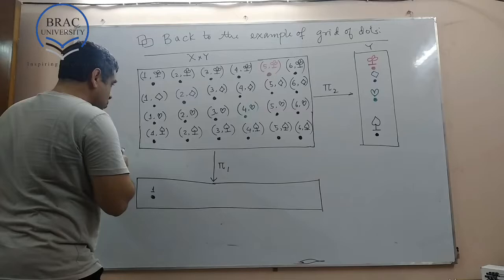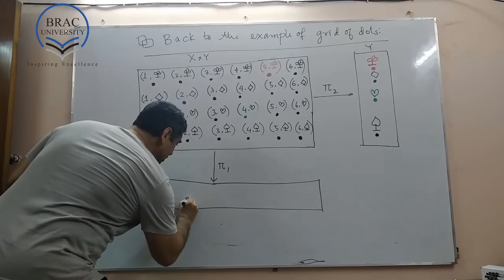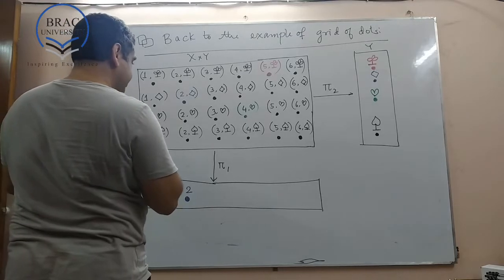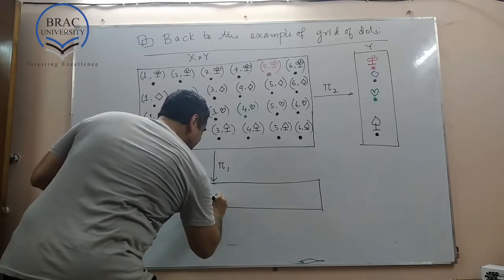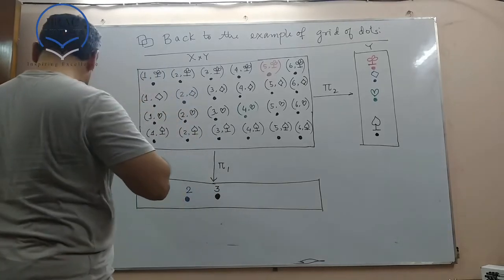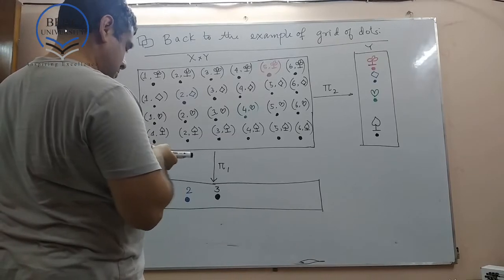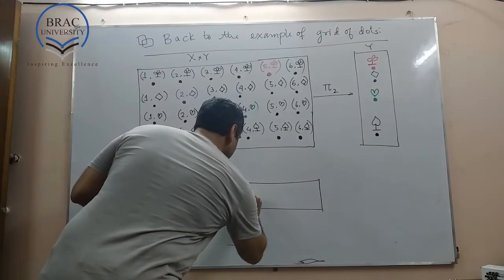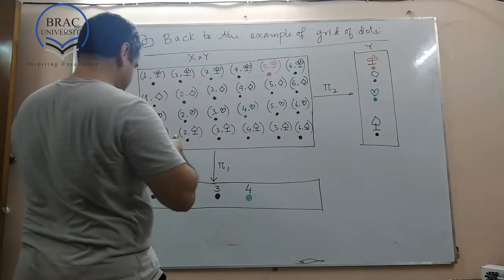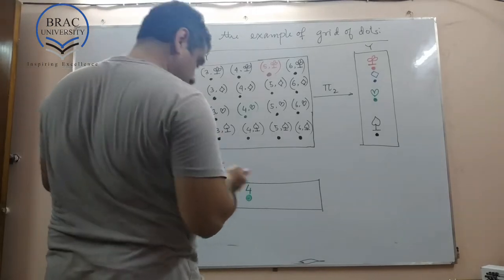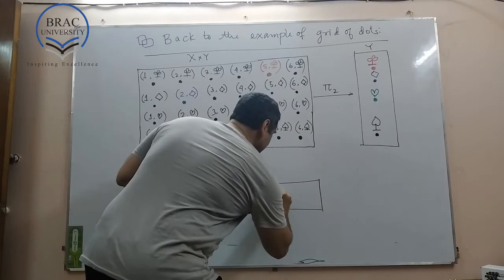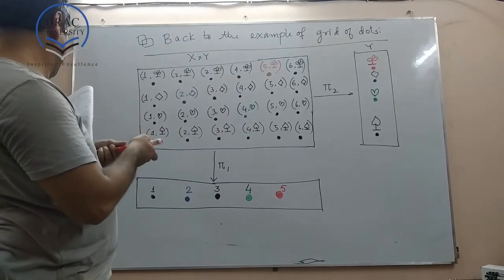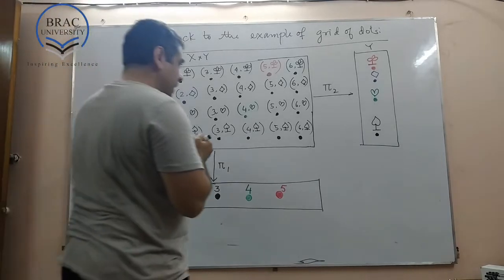Then 3 with the black dot again, and 4 with the green dot. 5 with the red dot. And finally 6 with the black dot again.